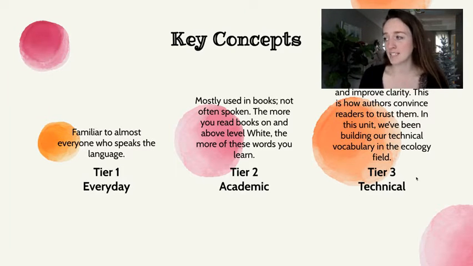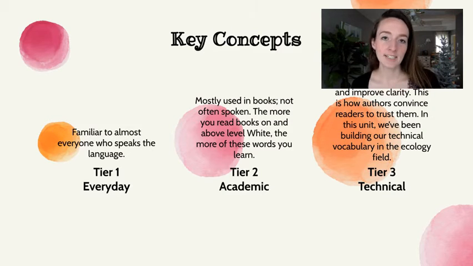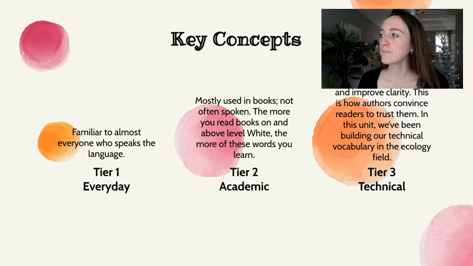But what we're focusing on today is the Tier 3 technical vocabulary category. And in that Tier 3 or technical vocabulary category, those are words that are about one specific topic or one specific content area, like words that you would only use if you have a job in a certain area, for example.